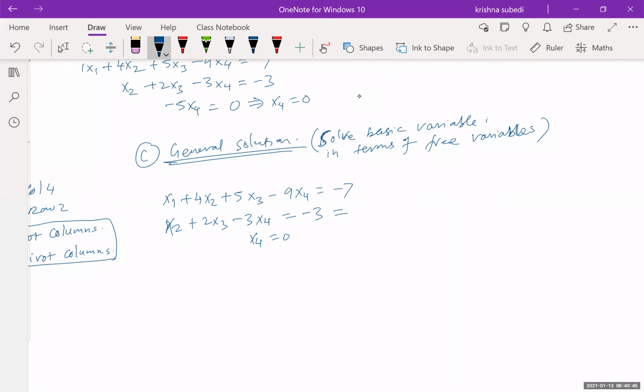In this case, if I substitute x4 equals 0, what do I get? x2 plus 2x3 equals -3.